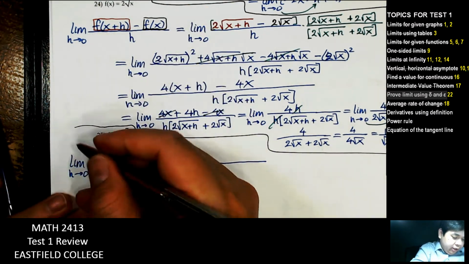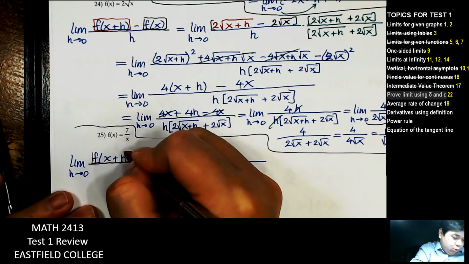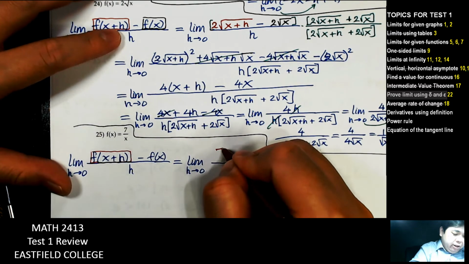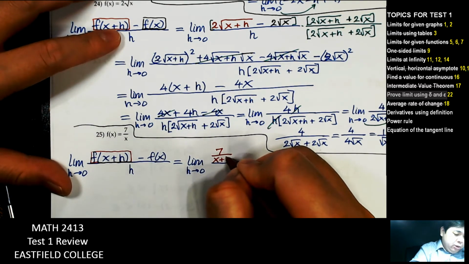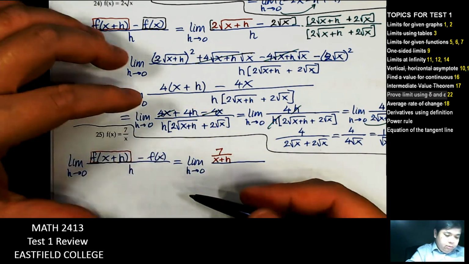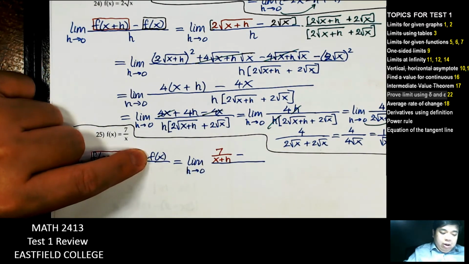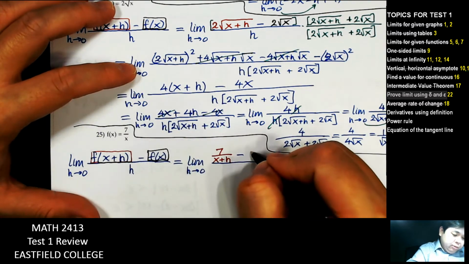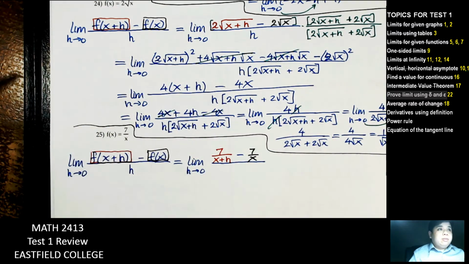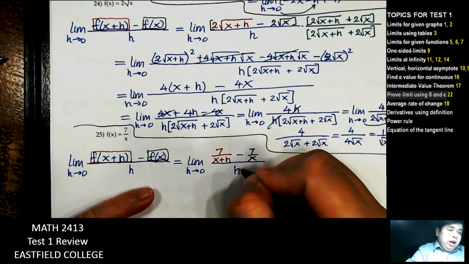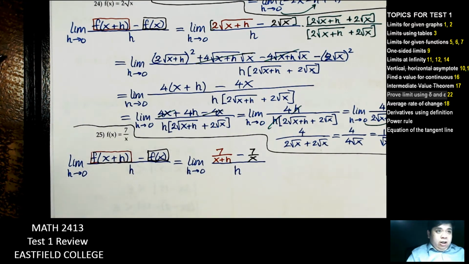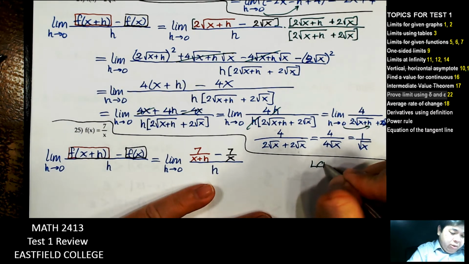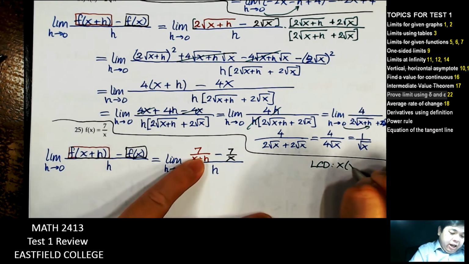For the function here, x plus h is substituted into x, so we have 7 over x plus h minus f of x, that is the original function, over h. Now we're trying to simplify this. We simplify this by multiplying by the least common denominator of x and x plus h.